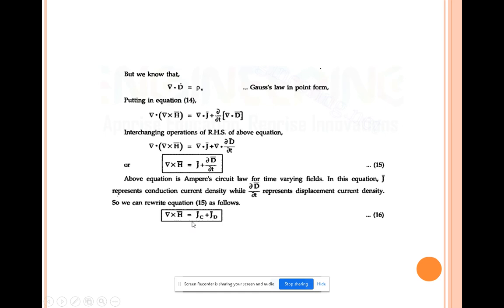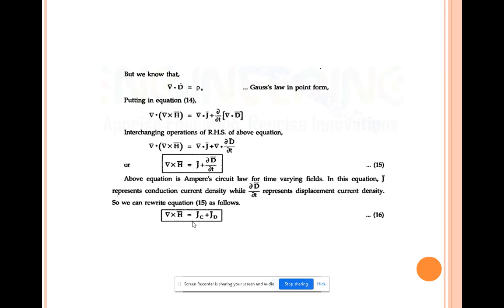Okay. So looking at the steady state field, we can conclude that for the steady state field you will be having only one current density element, that is the conduction current density element Jc. But if it is a time varying field, the displacement current density element gets added to the conduction current density element.